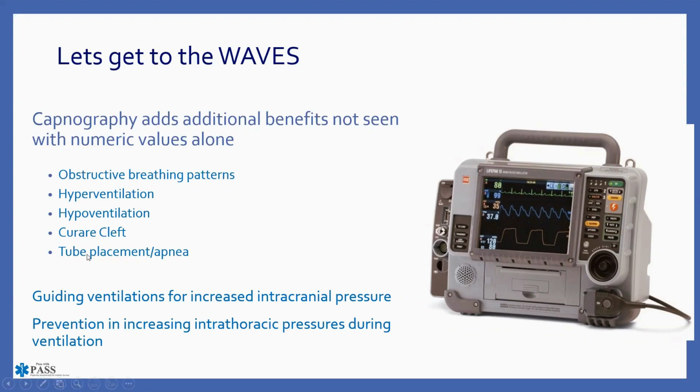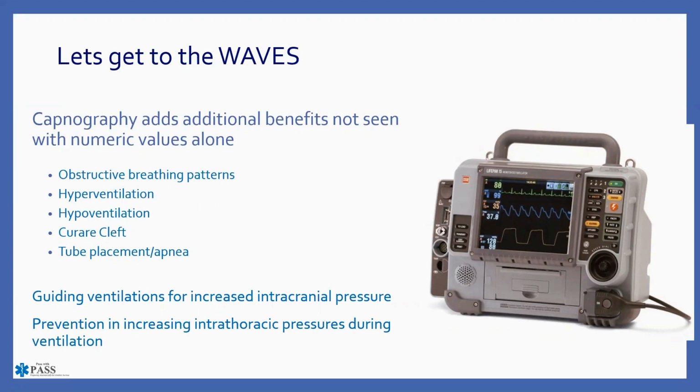So it will tell you where your tube placement is at. It will also tell you if the patient becomes apneic, and that may be for a multitude of reasons. It could be that you have somebody that is supposed to be ventilating the patient, squeezing the bag, and they got sidetracked. They're trying to get suction out or they're trying to get medications out, whatever that situation may be, but they're not effectively ventilating the patient by squeezing the bag.